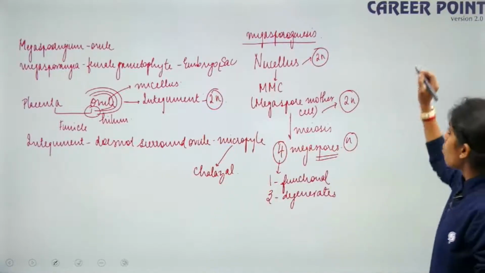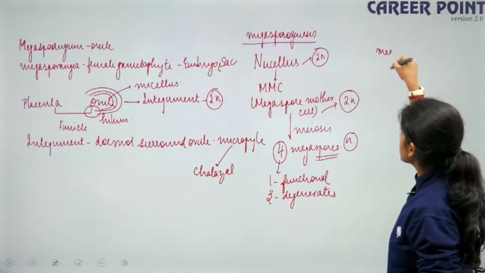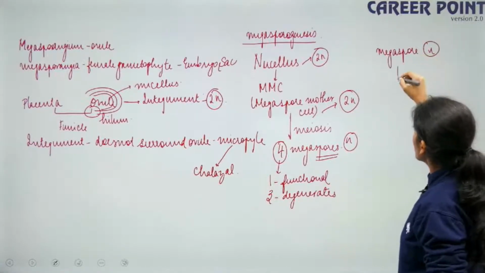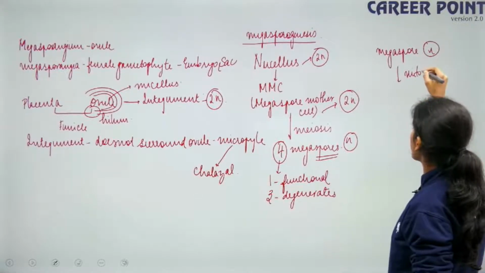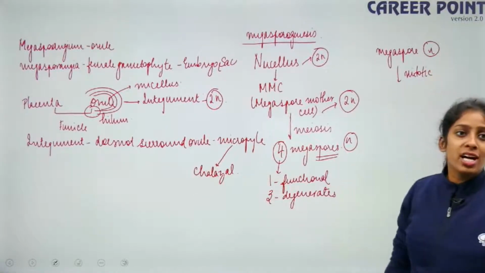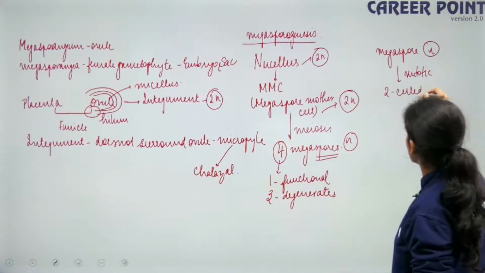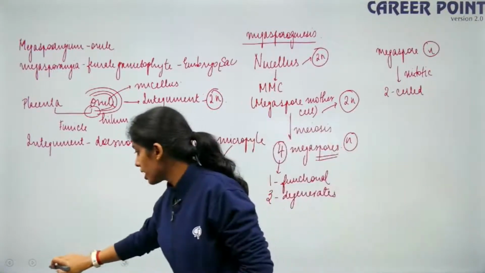Fine. So now what is the fate of this megaspore? This megaspore, which is haploid, undergoes its first mitotic division. When it undergoes mitotic division, it forms the 2-celled stage.